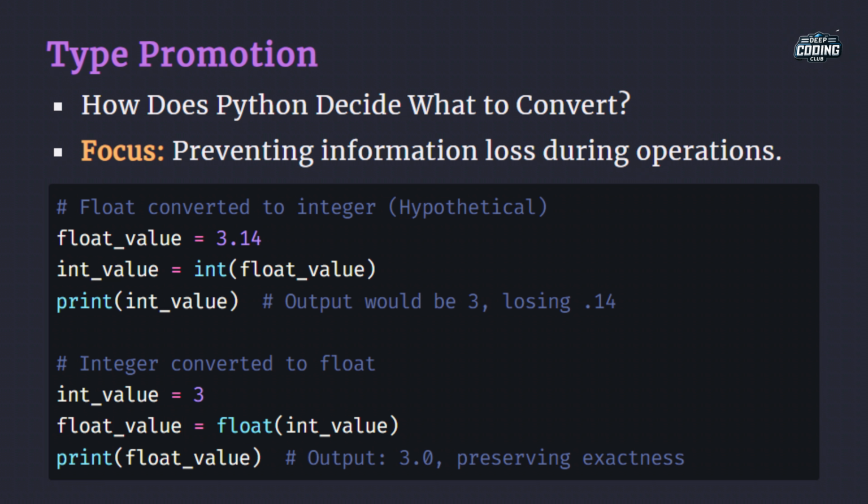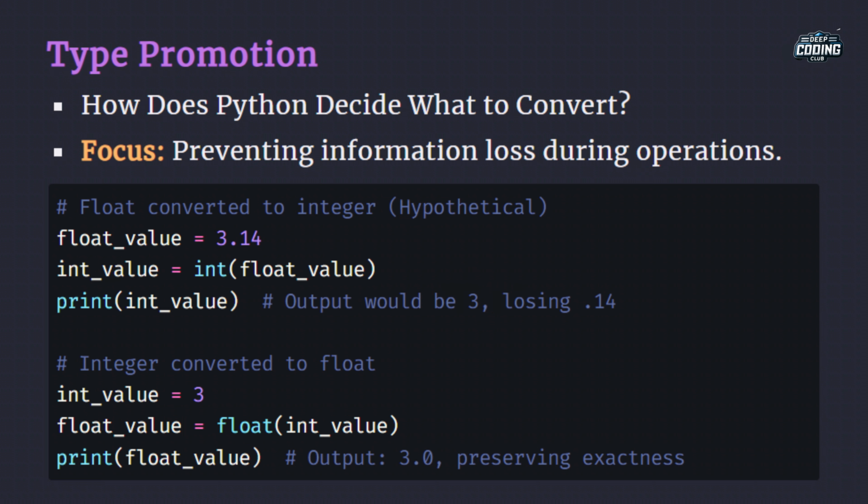If you want to try it, then you can try the following example where I am declaring float value is equal to 3.14, and in the next statement I am trying to convert it to an integer using int. This is an explicit way of converting any data type, which we will see soon. So here I am converting this floating value to an integer, and if you print this int value, then the output would be 3. There is nothing like 0.14, so we have lost that information.